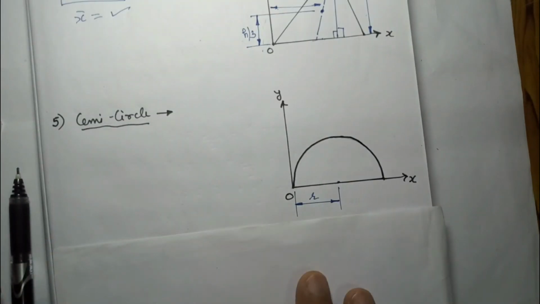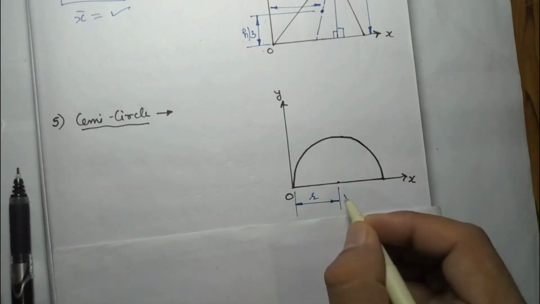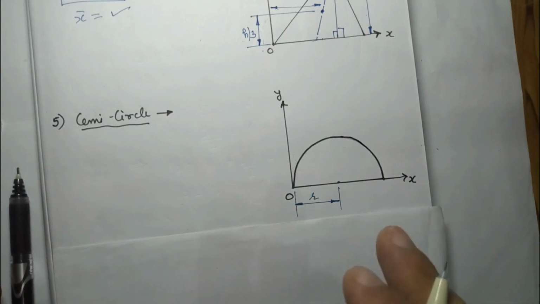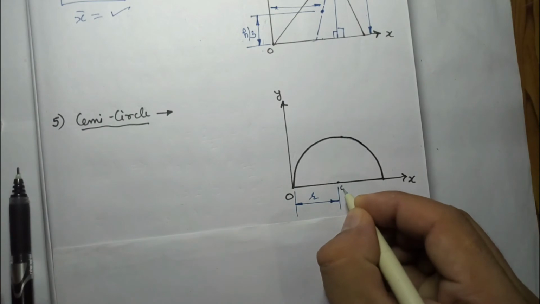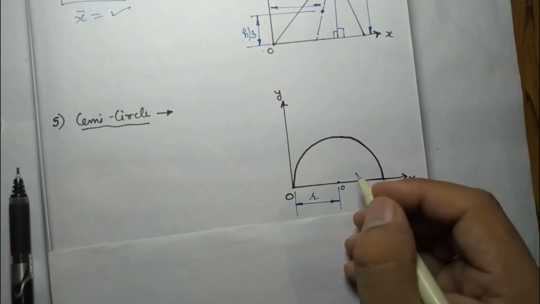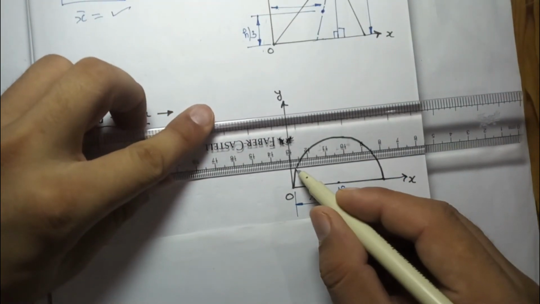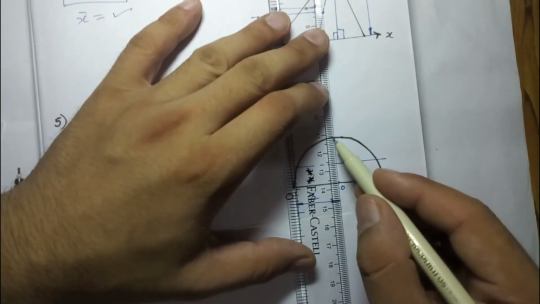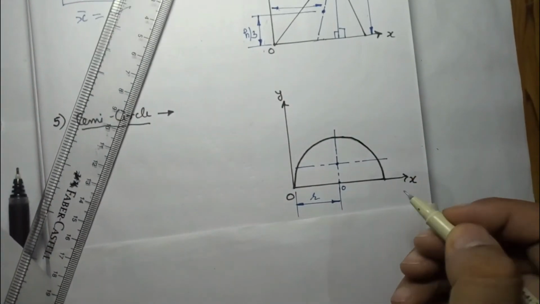Now let's see the next one, the semicircle. A semicircle means a half circle. It has only the value of the radius, right? And we are taking the origin here. In the case of a semicircle, mostly the question will come when they take this as origin, so I will give you the formula for both. Now in this case, the centroid will lie here, right?